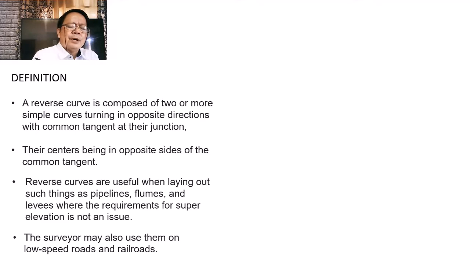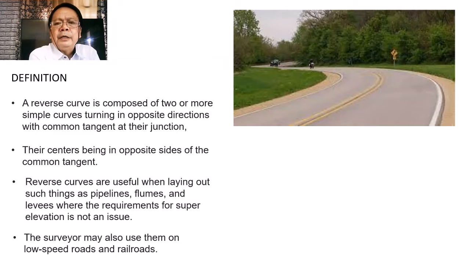So, ng mga halimbawa ng sinasabi nating reverse curvature, I have here some illustrations of a reverse curvature where you can find how they are connected. So, in the illustration, we have here a reverse curvature where this part of the curvature from here up to this part hanggang dito actually is a reverse curvature. Diba?